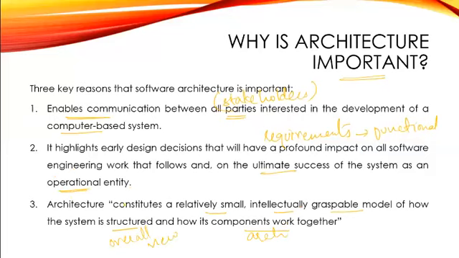And as you're making a structure out of it, this is very small, it is intellectually graspable, that is, it is easy to understand. When you have a diagram, it becomes easy for people to understand, so it becomes intellectually graspable for the system. So that is why designing an architecture before you develop the software is very important.